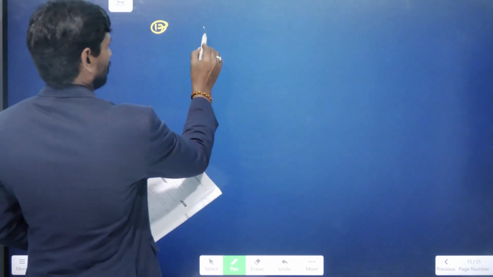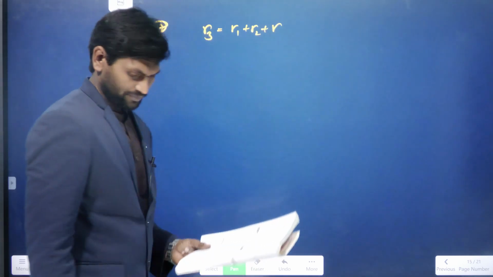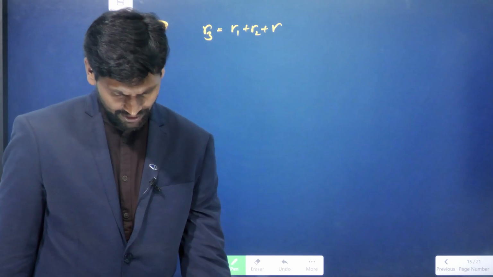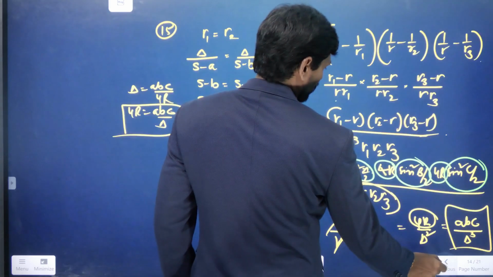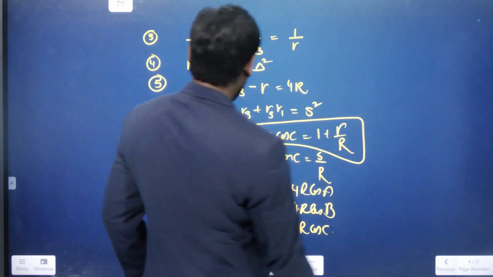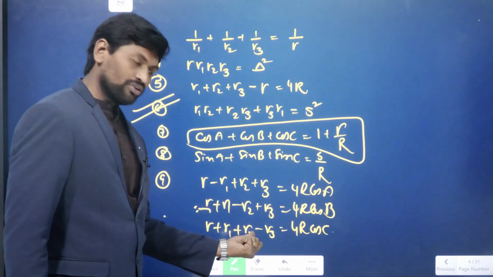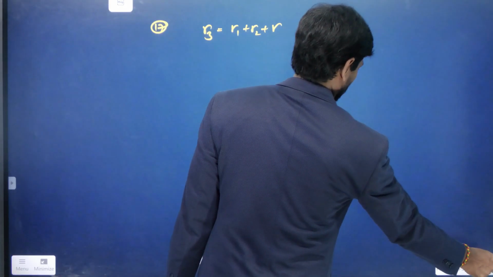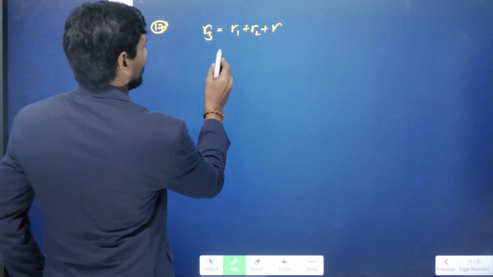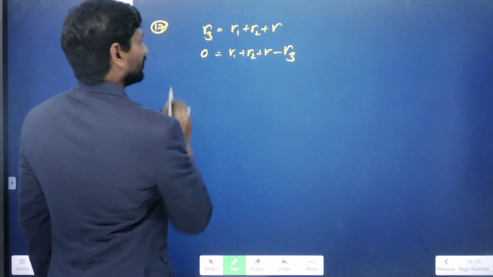The 17th one, in triangle ABC, R3 is equals to R1 plus R2 plus R. Okay? R3 is equal to R1 plus R2 plus R. So we know the formula from starting onwards: R1 plus R2 minus R3 is equal to 4R cos C. So that means I can write this one as R1 plus R2 plus R minus R3 is equals to 0.